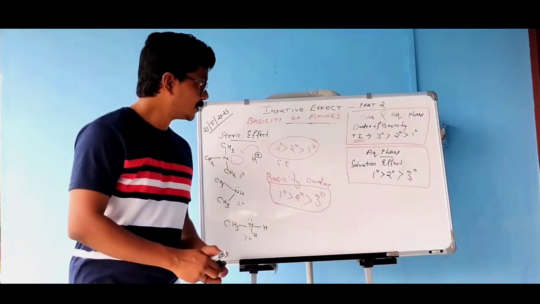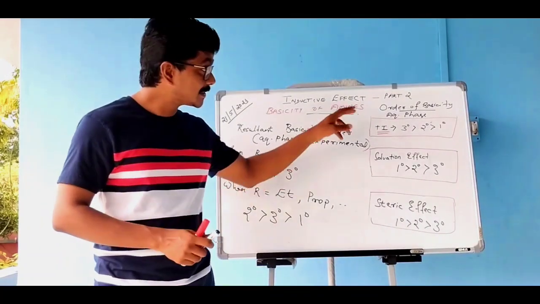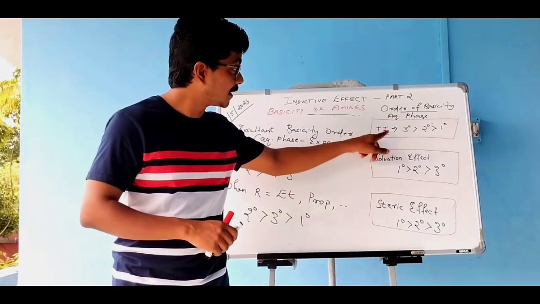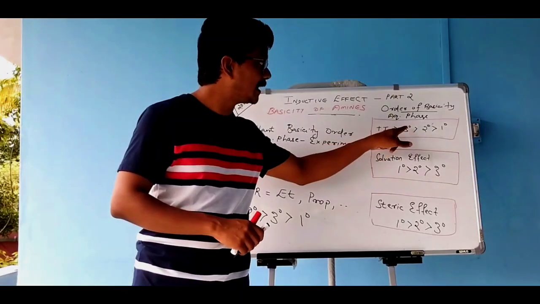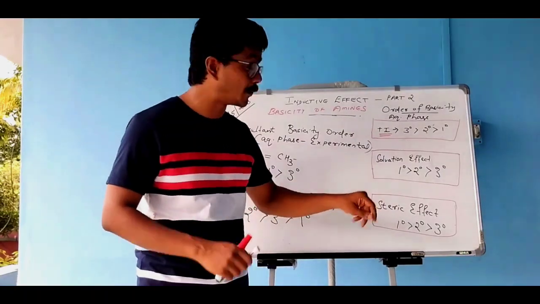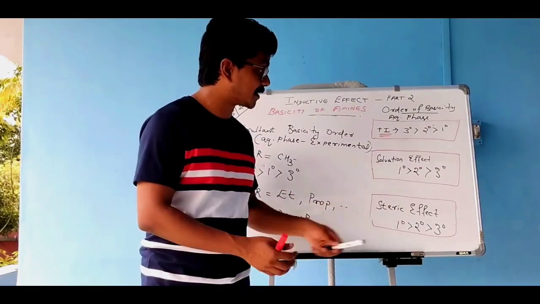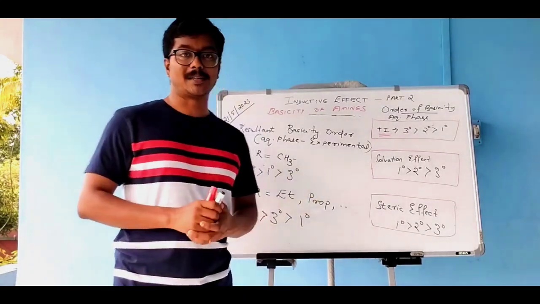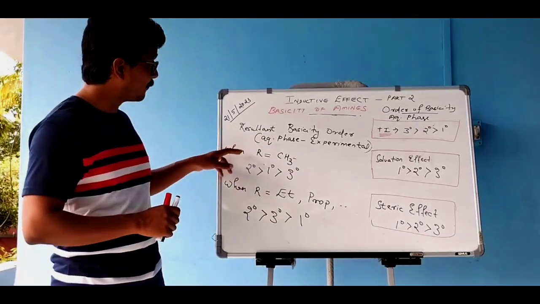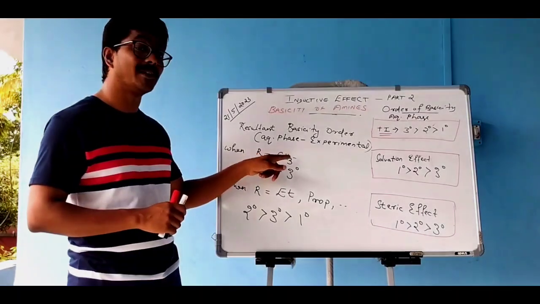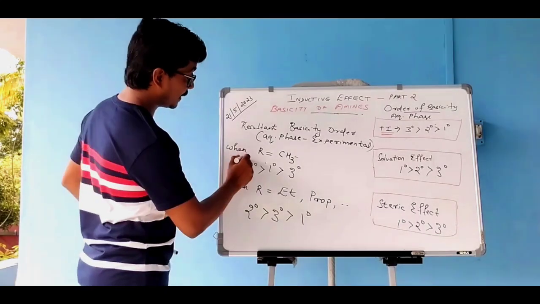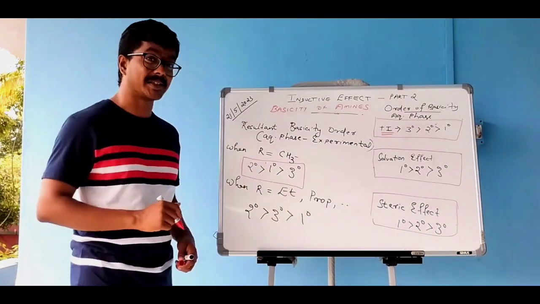Okay. The order of basicity in aqueous phase: we have considered each factor individually, and the basicity order is written here. When we consider plus I effect alone, the order will be tertiary greater than secondary greater than primary. When we consider solvation effect and steric effect alone, primary greater than secondary greater than tertiary. But the resultant order is different, because experimentally it is proven that when the alkyl group in an amine is a methyl group, the order will be secondary greater than primary greater than tertiary.